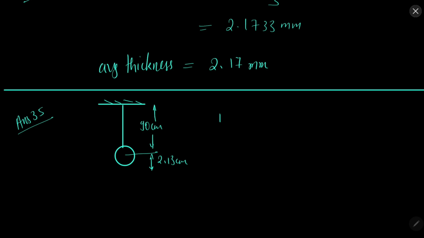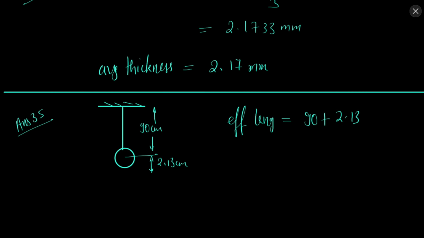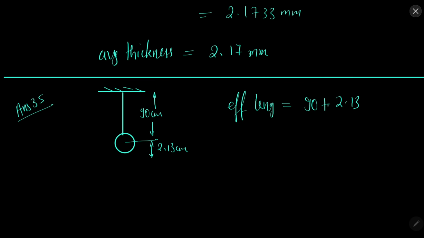So ultimately the effective length is 90 plus 2.13, but we can only take up to 2 significant digits because this is 90, so it will be 90 plus 2.1, so we will get 92.1 centimeter.